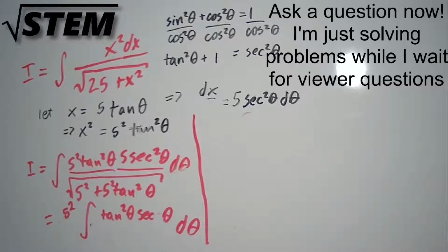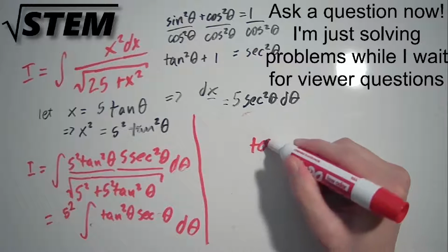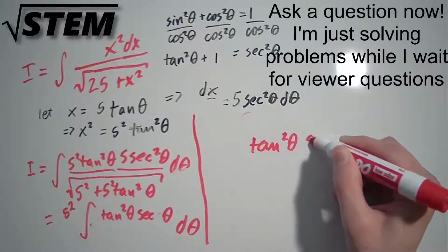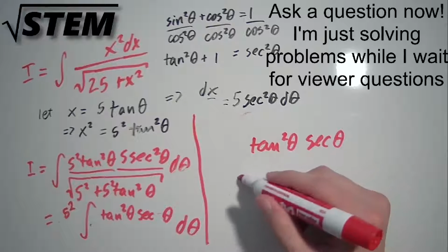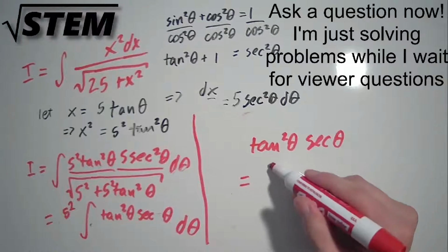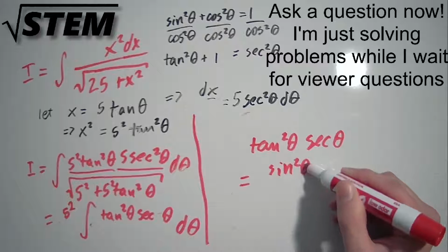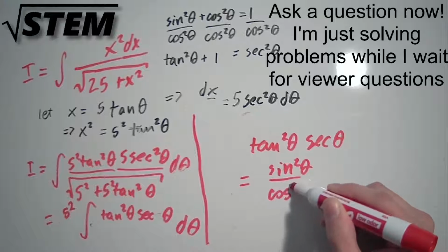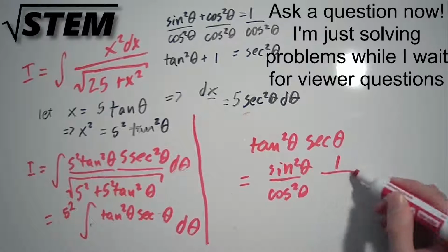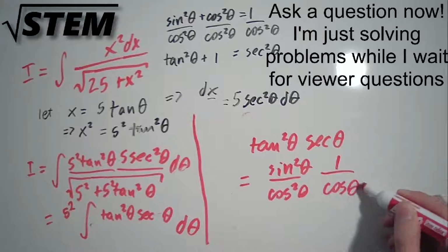I'm not sure if it would help if we say that tangent squared theta secant theta is actually sine squared over cosine squared, another cosine on the bottom.